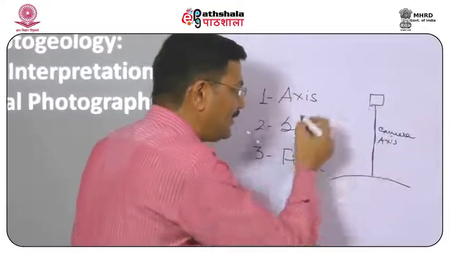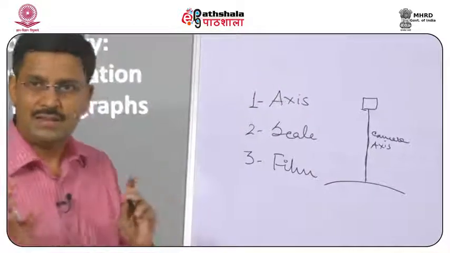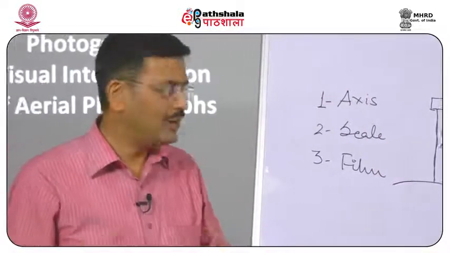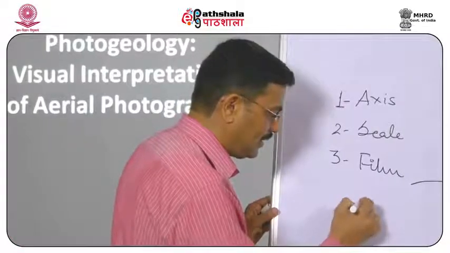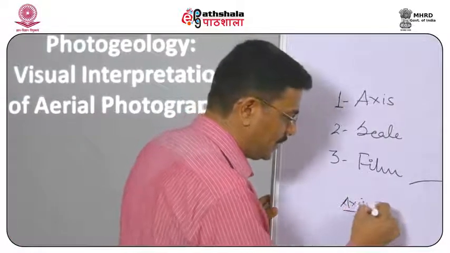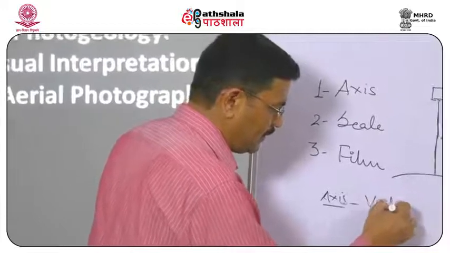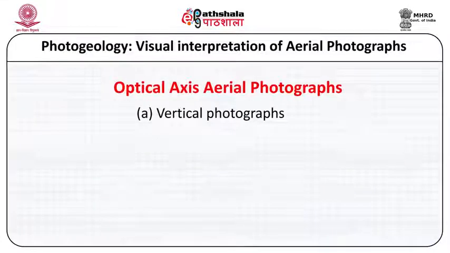So on the basis of axis, we can classify aerial photographs into three categories. Number one, vertical aerial photograph.